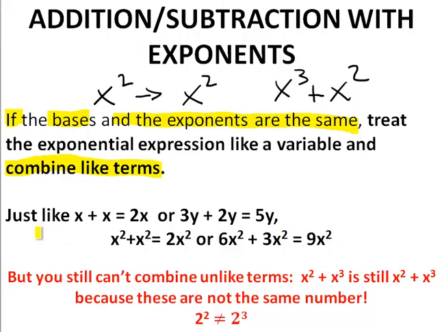Just like x plus x equals 2x because you have two of them, or 3y plus 2y equals 5y because you have 5 y's, you can combine x squared plus x squared. You have two of these chunks, so there's 2x squared. Or if you have 6x squared, there's a chunk, plus 3x squared, you have 9x squared.